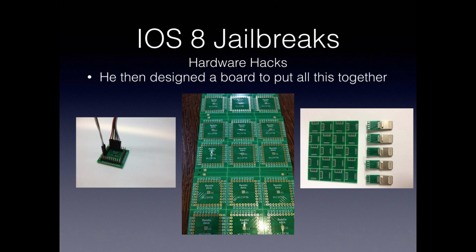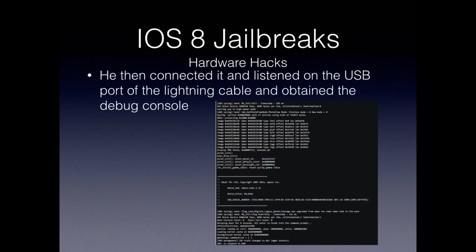After learning how to operate it, he designed a board and put it all together. He then connected the phone and listened on the USB port to the Lightning cable to obtain the serial kernel debug console, as you can see here.